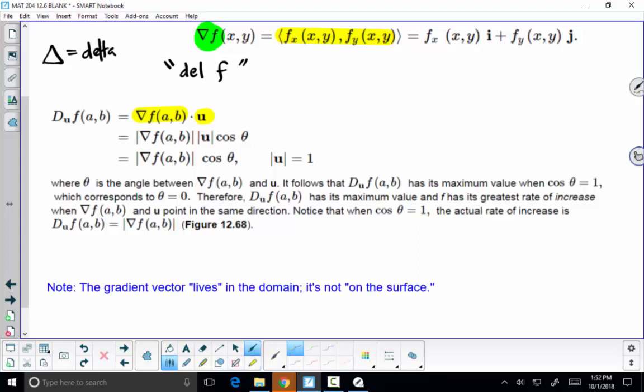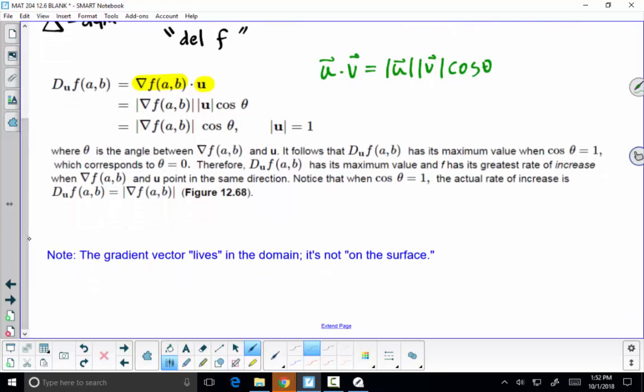Back in the old days, if we had u dot v, we wrote that as the length of u times the length of v times the cosine between them. We've selected u to be a unit vector, so that part just goes away. And so now we end up with just the length of del f multiplied by cosine of theta.